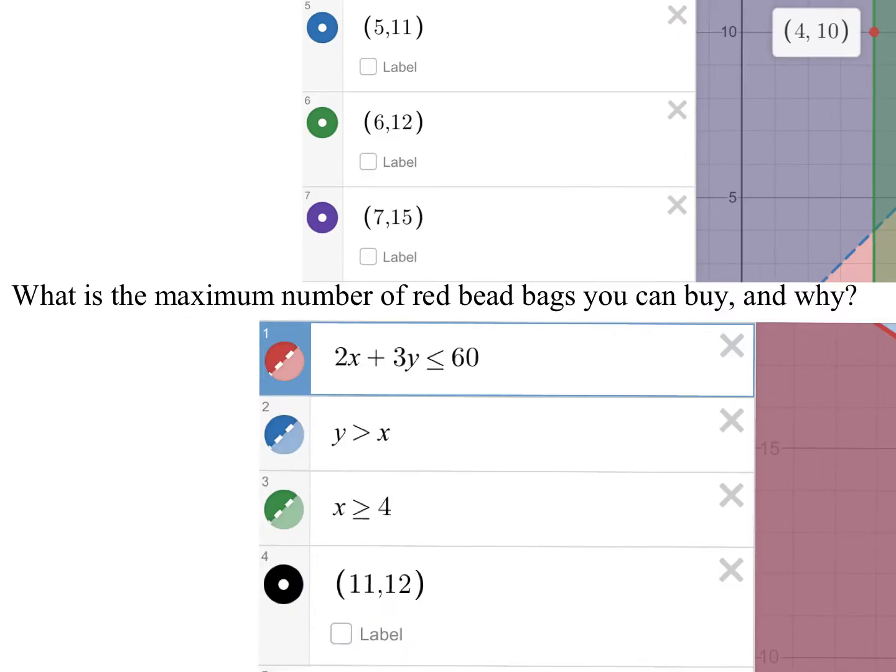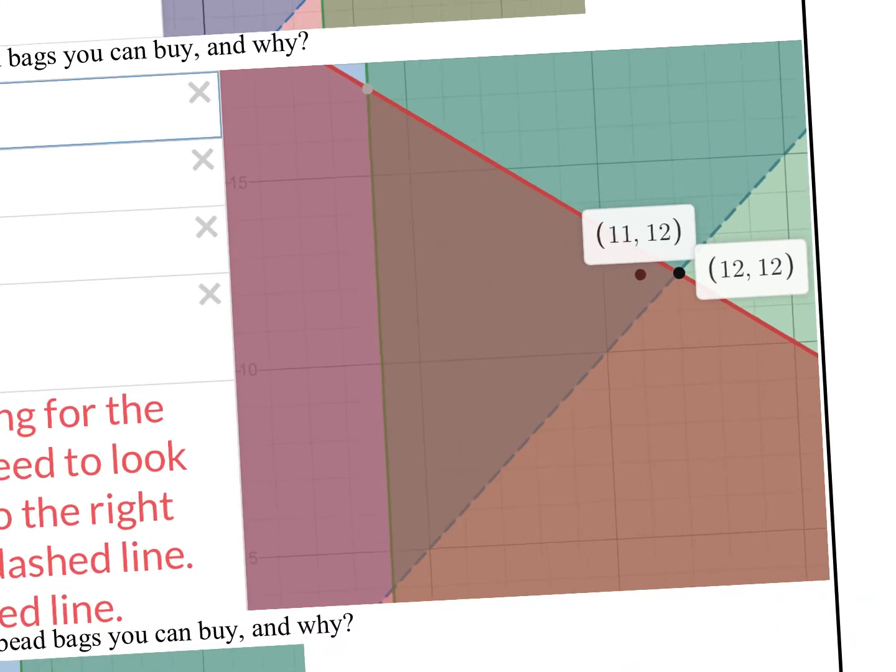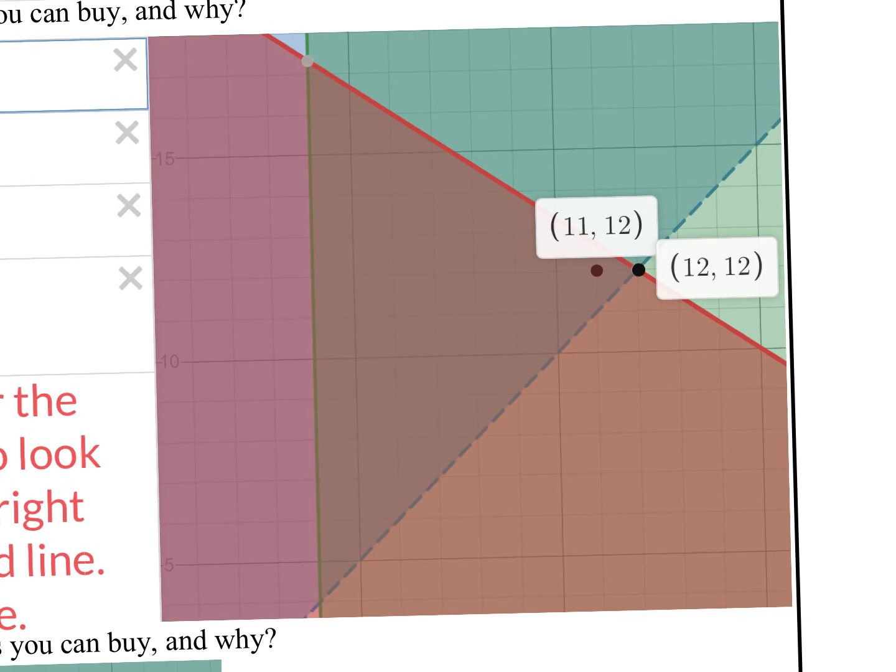So my next question is, what is the maximum number of red bead bags you can buy and why? So red bead bags was your x variable, not your y variable. The reason why I bring that up is when you look at your graph, rather than looking at the highest point of your common shaded area, you're going to look at the point farthest to the right of your common shaded area.